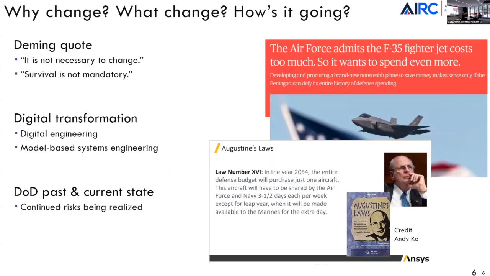If you can't see this quote in the back, I'll read it real quick. It says, in the year 2054, the entire defense budget will purchase just one aircraft. This aircraft will have to be shared by the Air Force and Navy 3.5 days each per week, except for leap year, when it will be made available to the Marines for the extra day. And so that's indicative of some of the things that we're trying to fix with digital engineering and digital transformation.